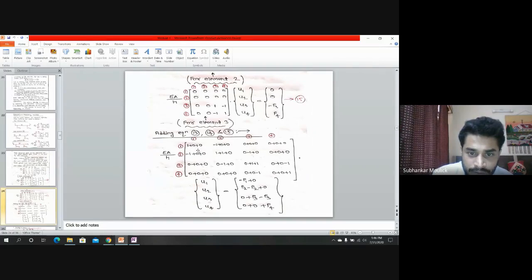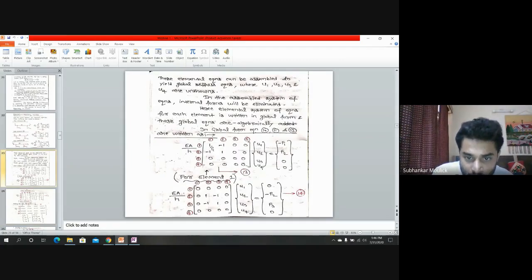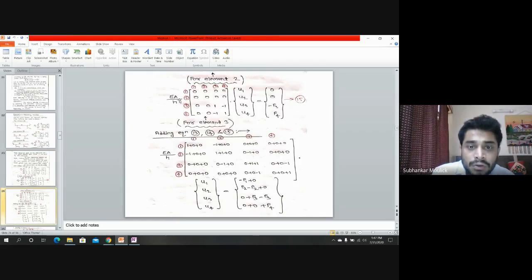So 1, 1 is 1 plus 0 plus 0. Let us write the next expression, that is 2, 1. That means this element. 2, 1 is nothing but minus 1 from equation number 13, plus 2, 1 from equation number 14, which is 0, plus 2, 1 from equation number 15, which is 0. That is minus 1 plus 0 plus 0.